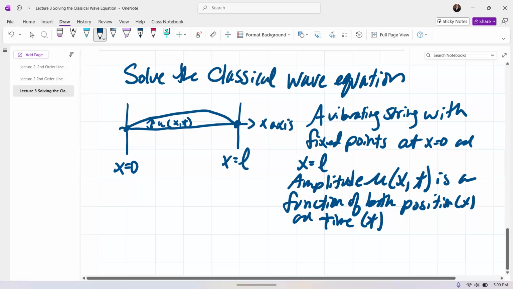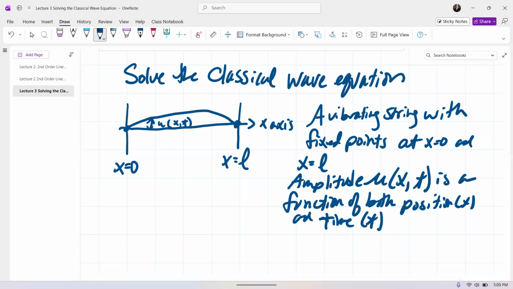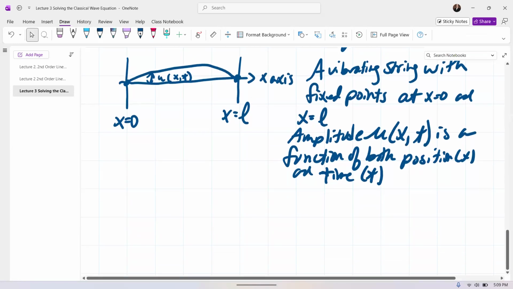And that's what this says up here. And this is precisely why this is a function of two variables.